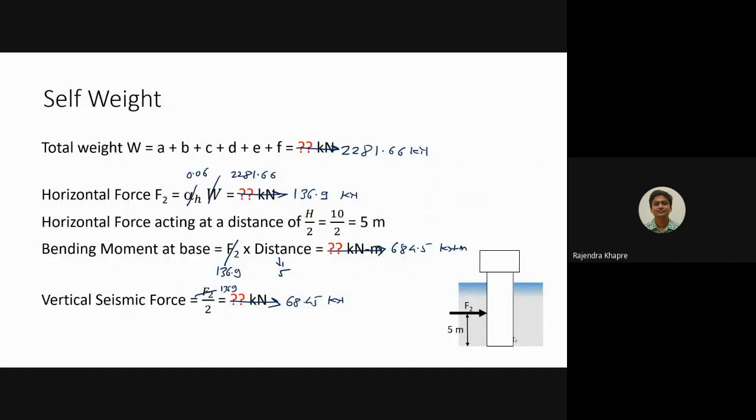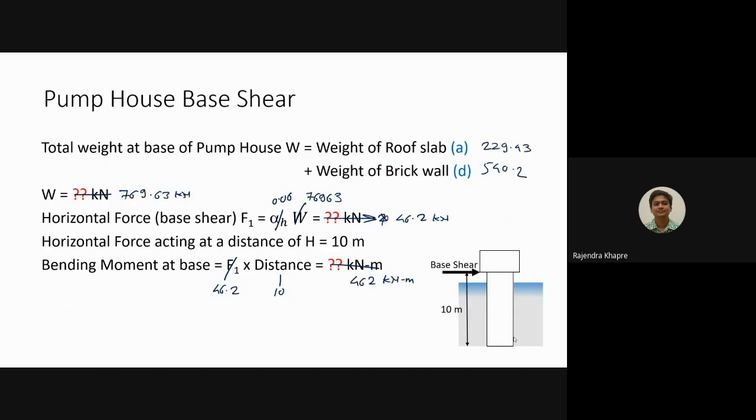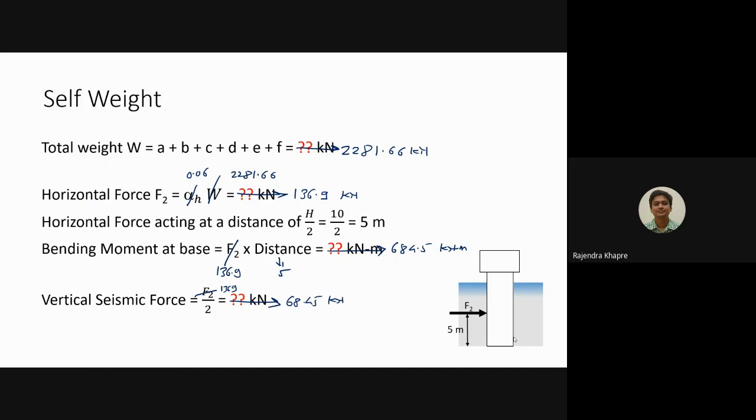This self weight is A plus B plus C plus D plus E plus F. This we have already calculated, and in that we have added some vertical load also. The additional load we have already calculated is something like half of this, that is 68.45. This is the vertical load and the original load is 2285.